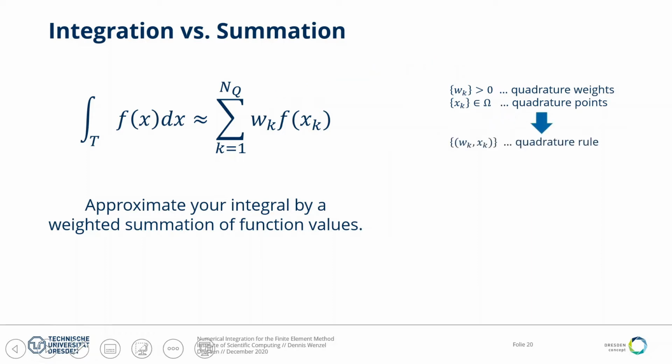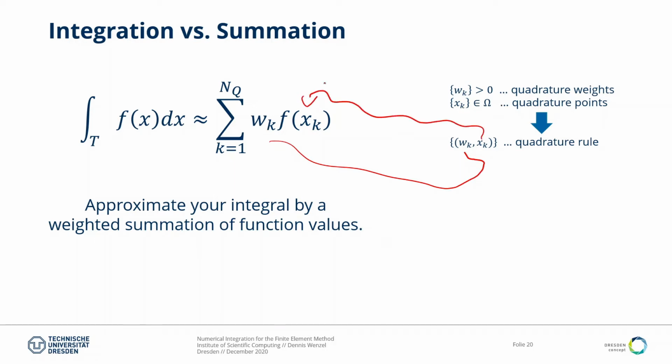And if you have a set of weights and points, that gives you a quadrature rule. It's important to say that a quadrature rule always consists of those 2 ingredients: you have quadrature weights and you have points. It's never a rule if you only have the points or only have the weights. You always need both, because otherwise that rule is not uniquely defined. So I need to have that w_k and I need to have that x_k.